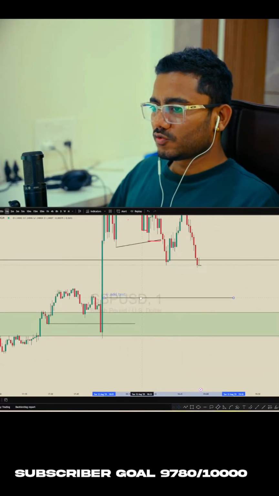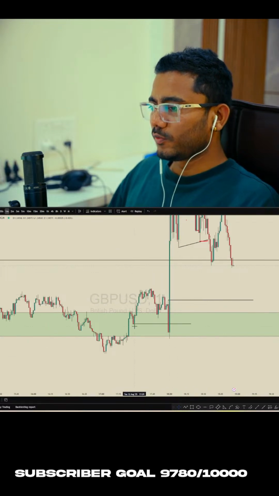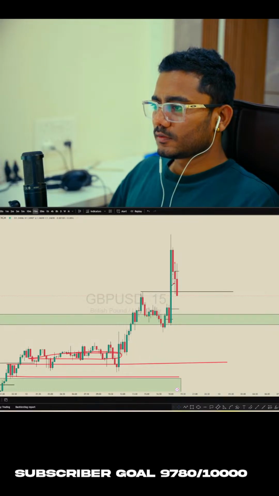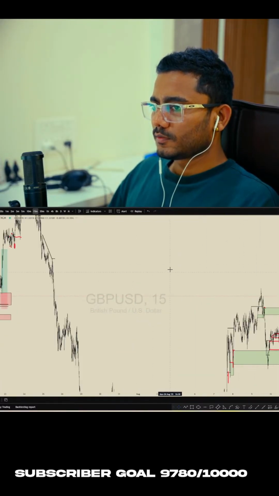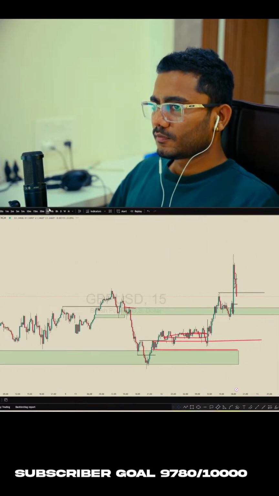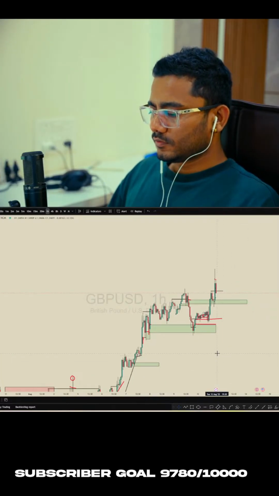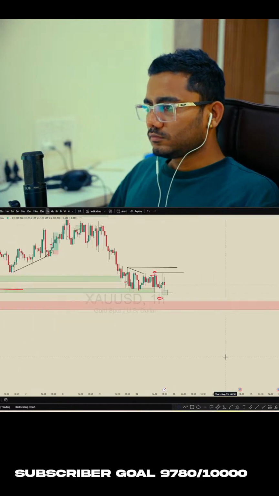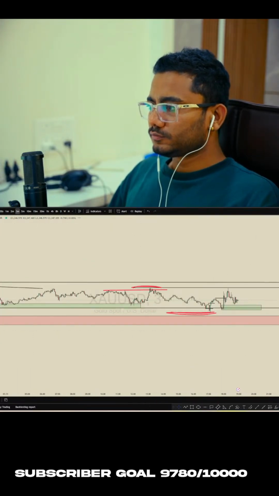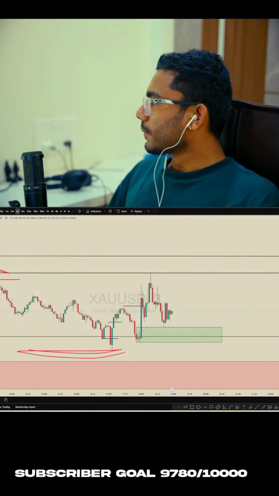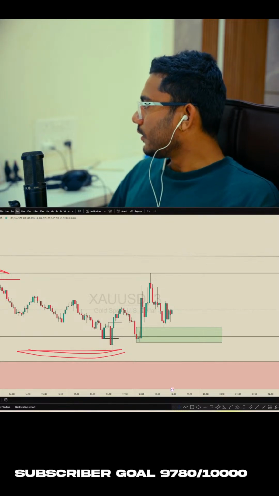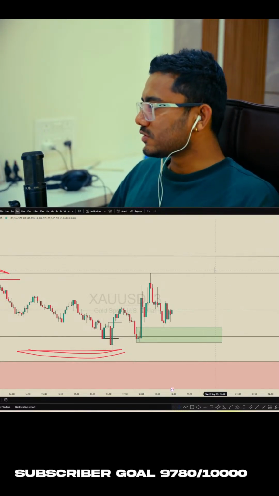So this is the actual move which started to go down, and it swept the liquidity and tapped this order block. No, I'm not selling. I'm just saying that the price action has now shifted to the downside.